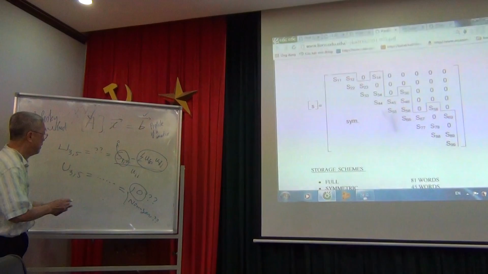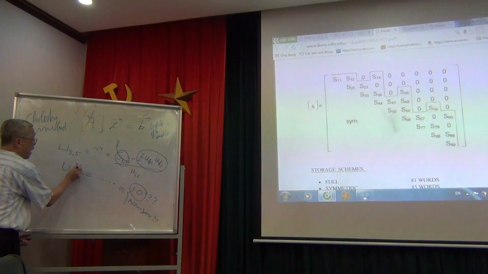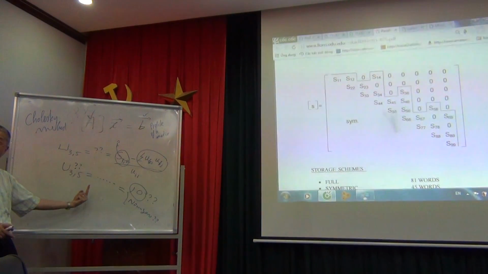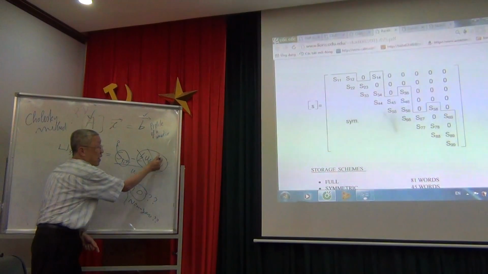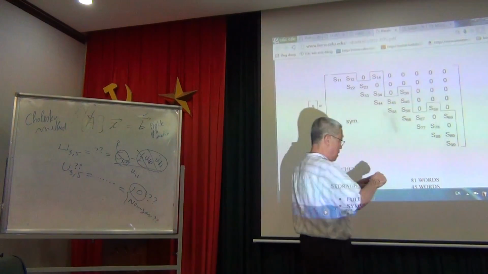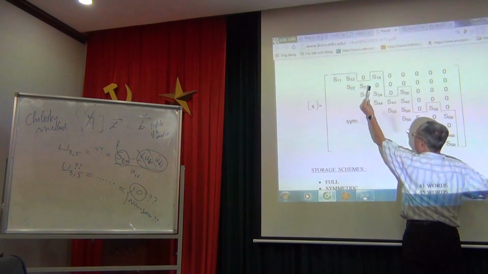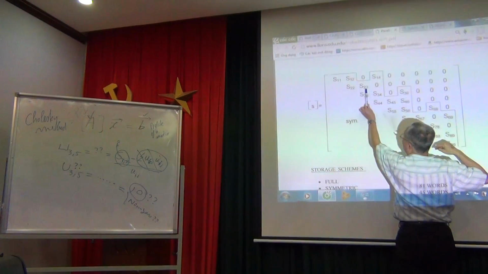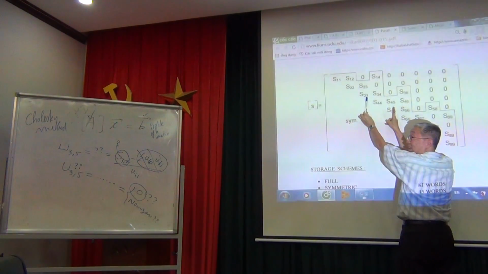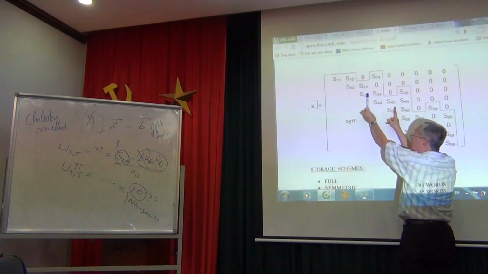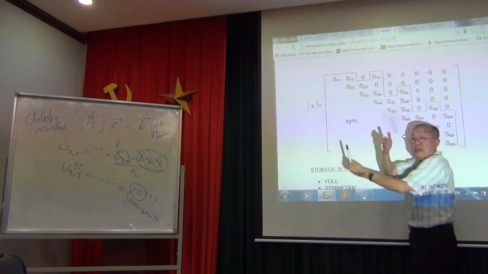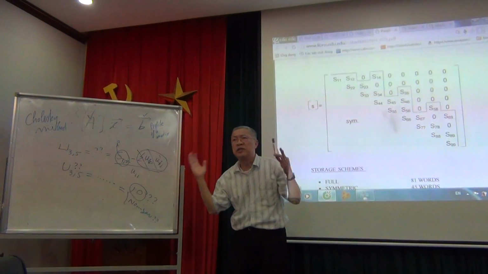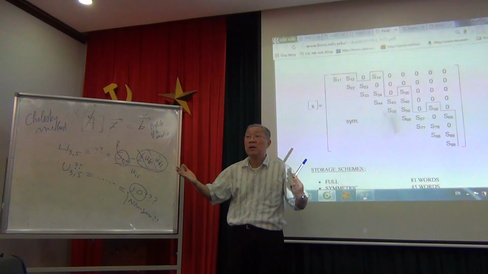Now, let me give you a hint. If you want to calculate U35, remember I told you that you need to take a look at column 3 and column 5 to figure out this product, right? So let's take a look. This is column 3, okay? And this is column 5. Agree? By looking at column 3 and column 5, can you tell me what is this product? 0 or non-zero? 0.